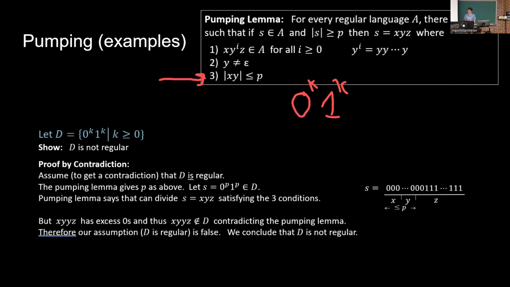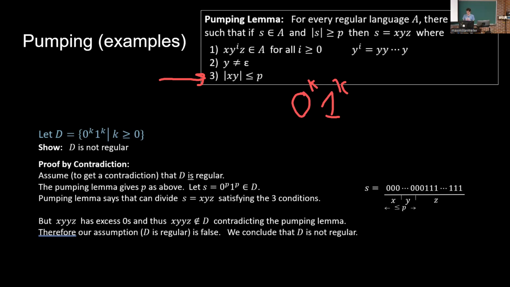So here, what's the key? The key is that there's an equal amount of zeros and then ones, right? If we force y to be within that section of zeros and we start repeating it, then we throw the zeros and ones off balance. Because y needs to be at least one character and it's guaranteed to be a zero, we're going to add at least one extra zero, no matter what y is, and then we'll have more zeros than ones.